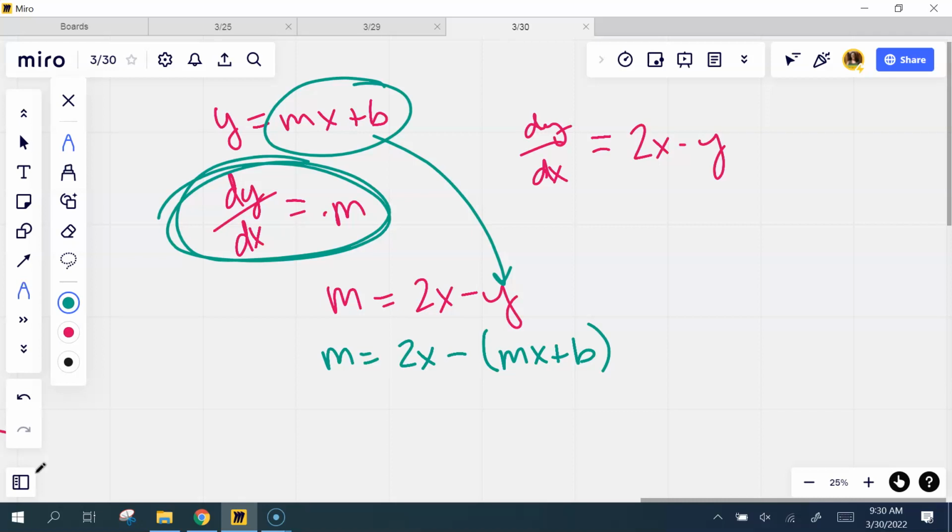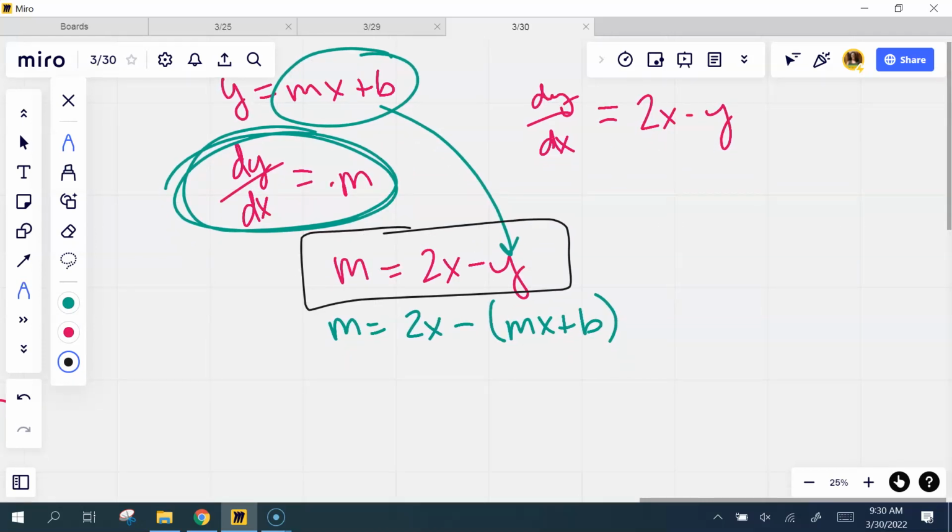Here's where they lost me on their solutions. If you got this, that's point number 2. 2x minus y equals m is point number 2. I got that, and that's what they got. And then that's where we stopped getting the same thing.